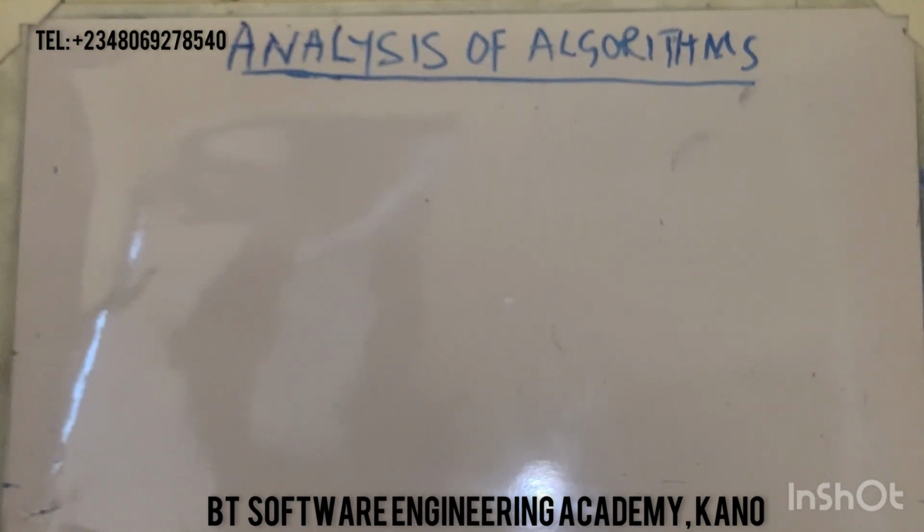So after that, the program is designed by the programmer. Let me show you. There is one course, system analysis and design. This course deals with the critical investigation of the system needs.